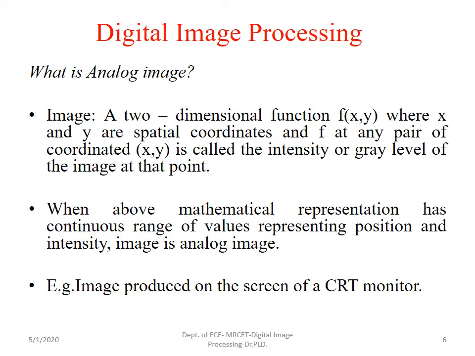These are the basic differences between the analog image and the digital image. An image produced on the screen of a CRT monitor is an example of an analog image.